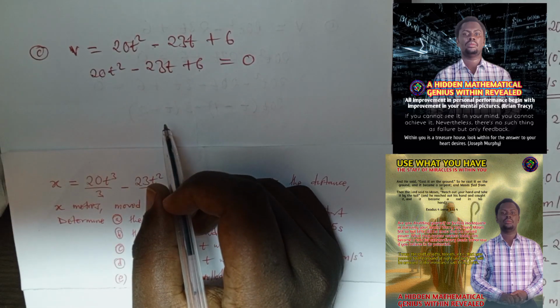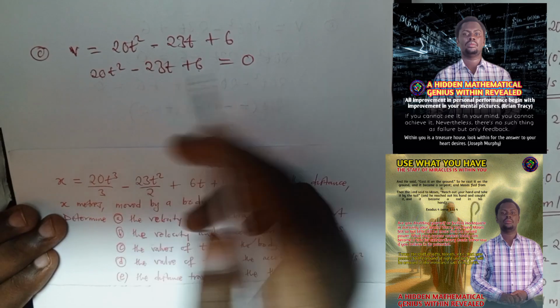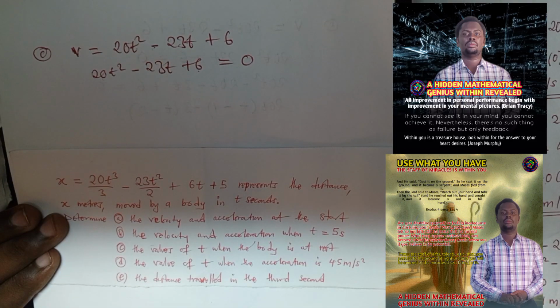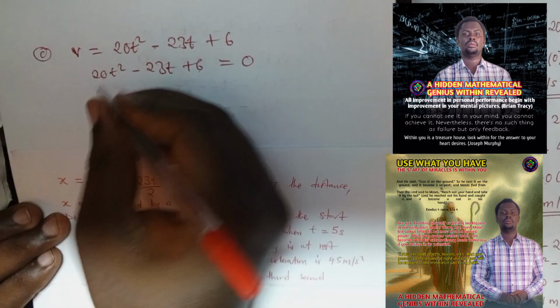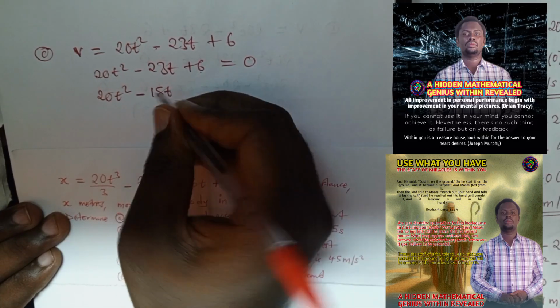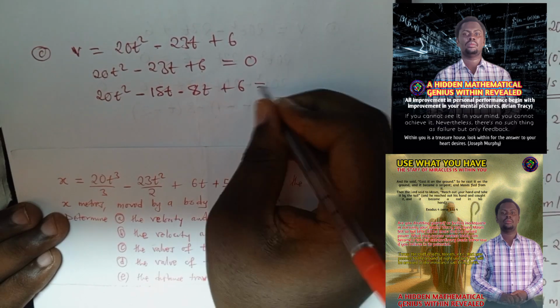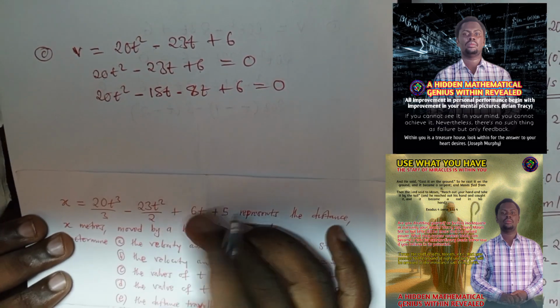We know that minus 15 minus 8 you get minus 23, and minus 15 multiplied by minus 8 you get 120. So where there is minus 23, you put minus 15 minus 8. So we have 20t squared minus 15t minus 8t plus 6 is equal to 0.